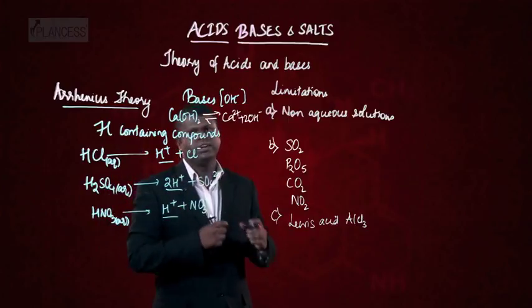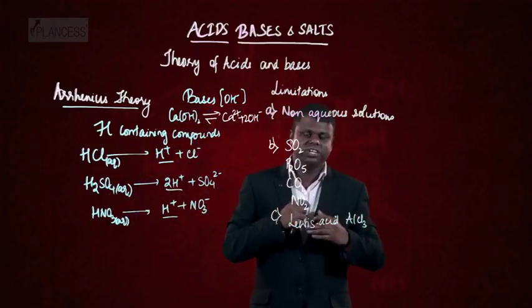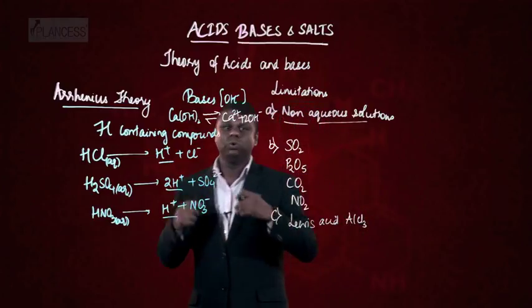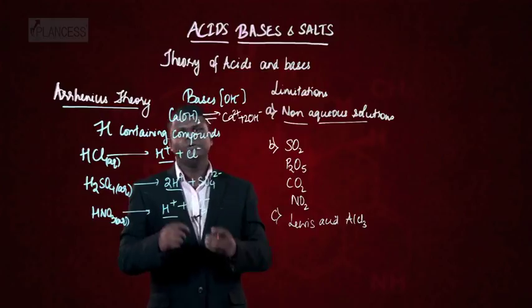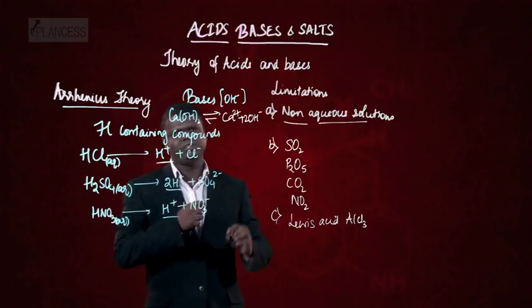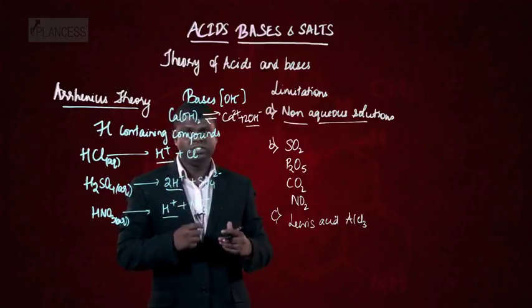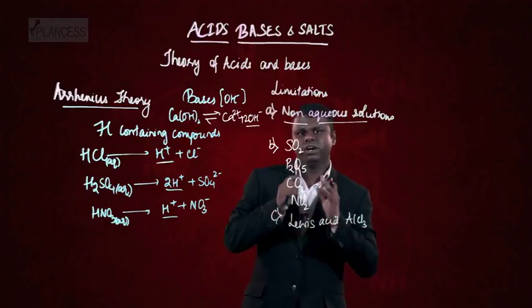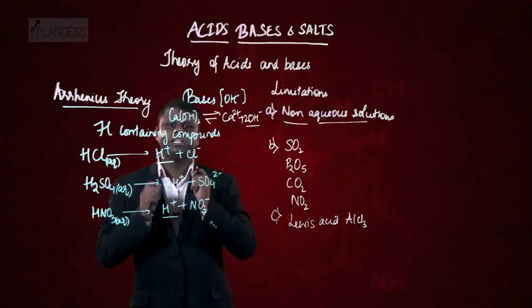But as the technology advanced, as different researches came into play, they realized that Arrhenius theory has its own limitation. You take an acid, you dissolve in water, you get H plus, and in the case of base you get OH minus ions. Is it really the definition of an acid? Is the definition of an acid or a base restricted only on these aspects?